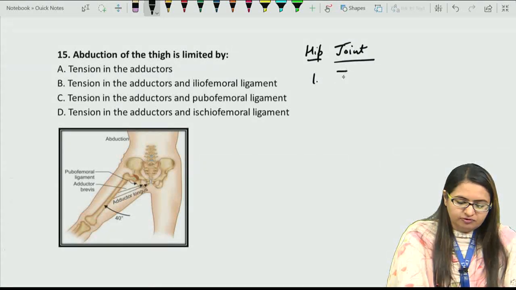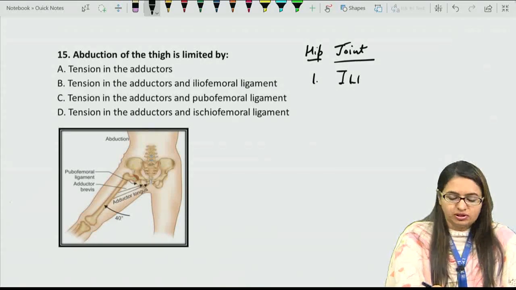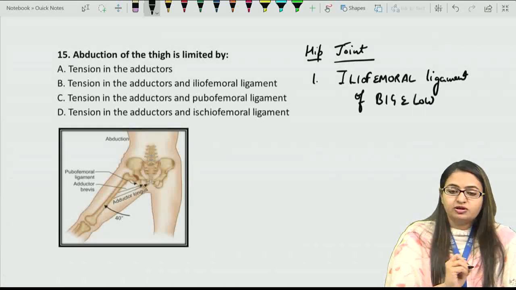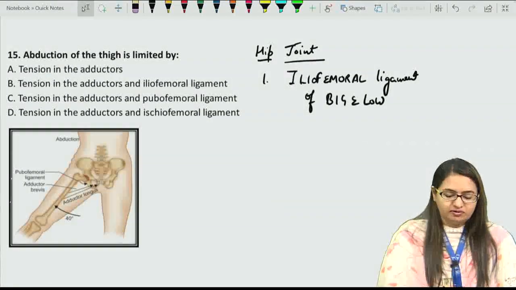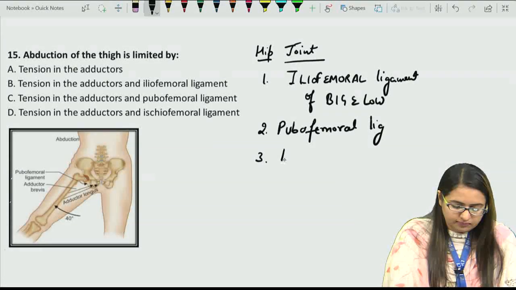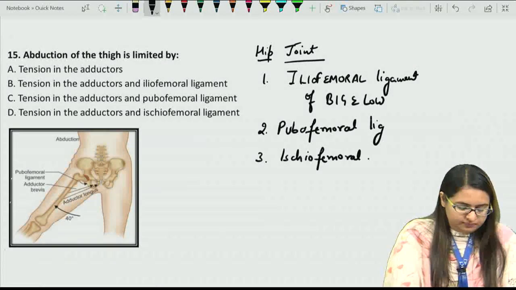The three ligaments are the iliofemoral ligament of Bigelow, then the pubofemoral and the ischiofemoral.